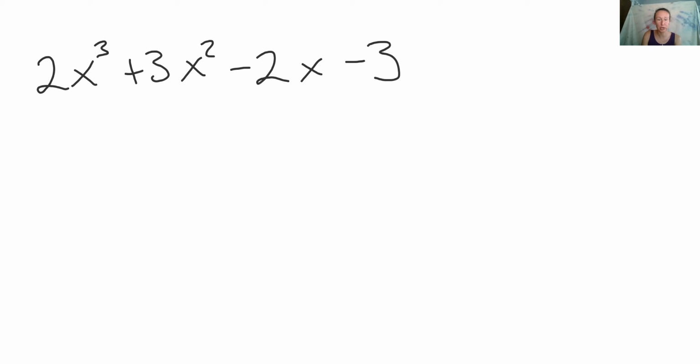Let's take our first 2 terms and our second 2 terms. And keep in mind, in something like this, when you're factoring by grouping, you can feel free to move your terms around into ways that you think they might factor better. Okay. So when I look at my first 2 terms, they both have a factor of x squared. So I'm going to pull an x squared out of just my first 2 terms.